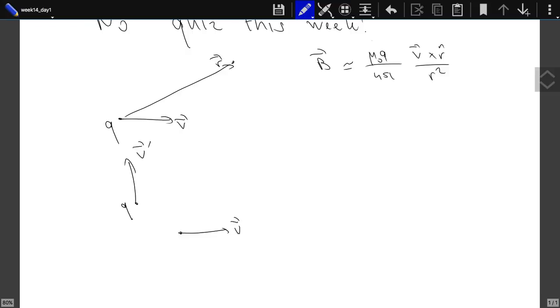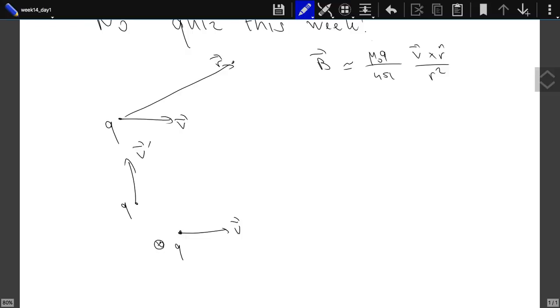So what is the direction of the magnetic field created by this charge at the position of this charge? Well, you can just imagine this as a current carrying wire approximately. So just by the right-hand rule, it will go inside.